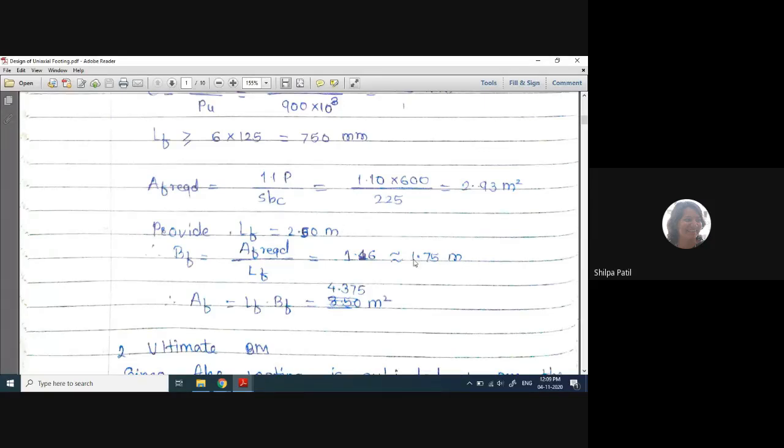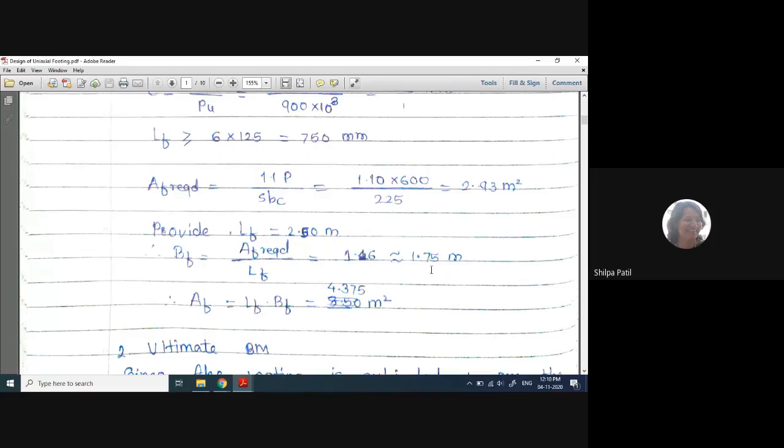By considering this value first, BF, this is shown in a different fashion. Initially you can assume the length also, which is 2.5 meter, and then BF is calculated like this. But what value is to be assumed here initially, we don't get any idea. So this is another way: simply take the square root and whatever value is coming, provide it as the BF value.